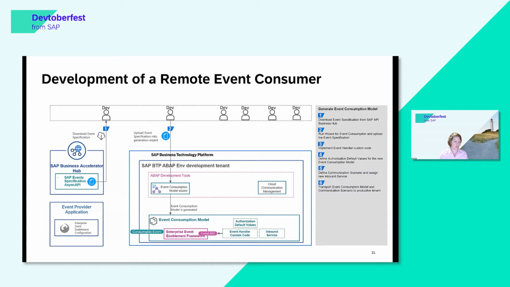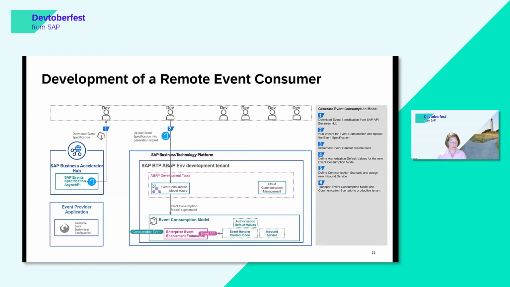First of all, we need some business logic that does something with the payload of the event. As we want to make sure that the event is processed in the right user context, we need some authorization values. So in case you provide authorization checks in the code that you include in the event handler, they need to be part of the authorization default values.